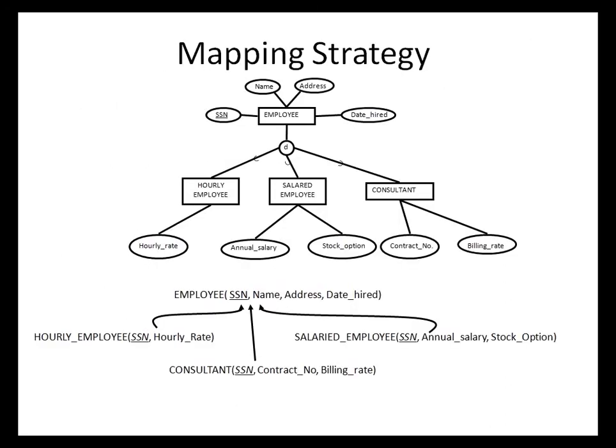Mapping strategy: create a separate relation for the supertype and for each of its subtypes. Assign to the relation created for the supertype the attributes that are common to all members of the supertype, including the primary key. Assign to the relation for each subtype the primary key of the supertype, and this primary key is also a foreign key that references the primary key in the relation representing the supertype. Assign to the relation for each subtype the attributes that are unique to the subtype.